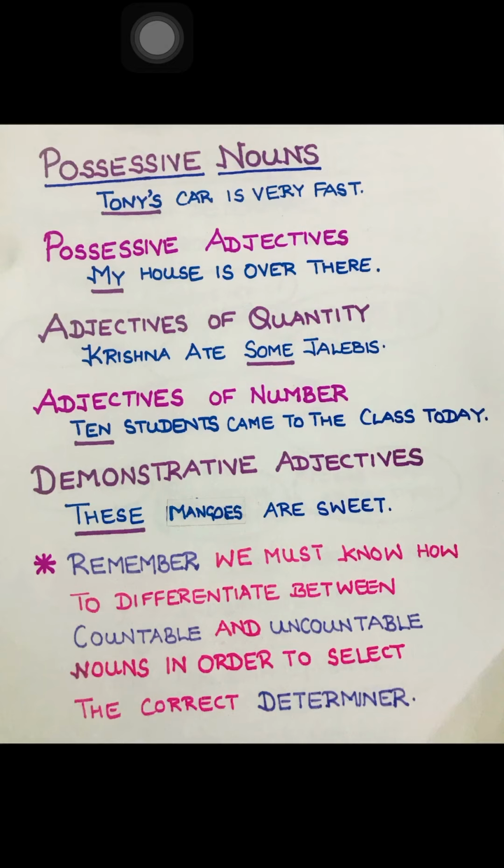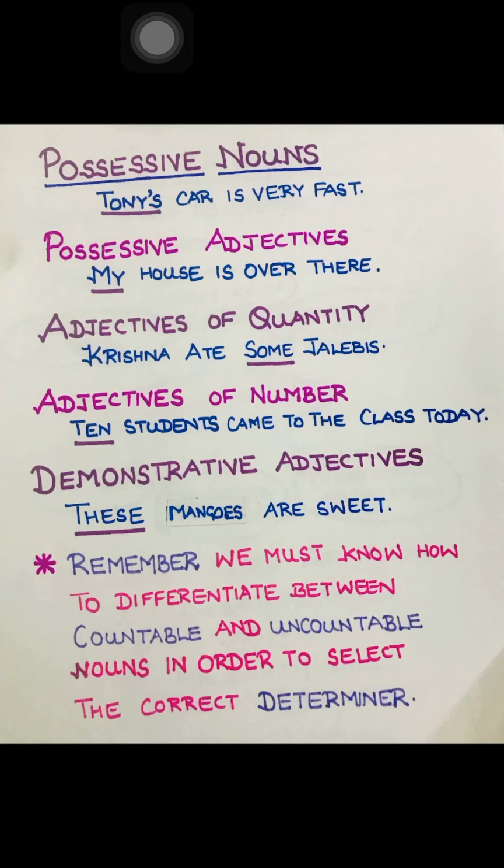And before finishing today's class, I wish to tell you that you all must know how to differentiate between countable and uncountable nouns. Fine? So that you can use the correct determiners with them. For example, countable singular nouns may include words like each, every, any, one.